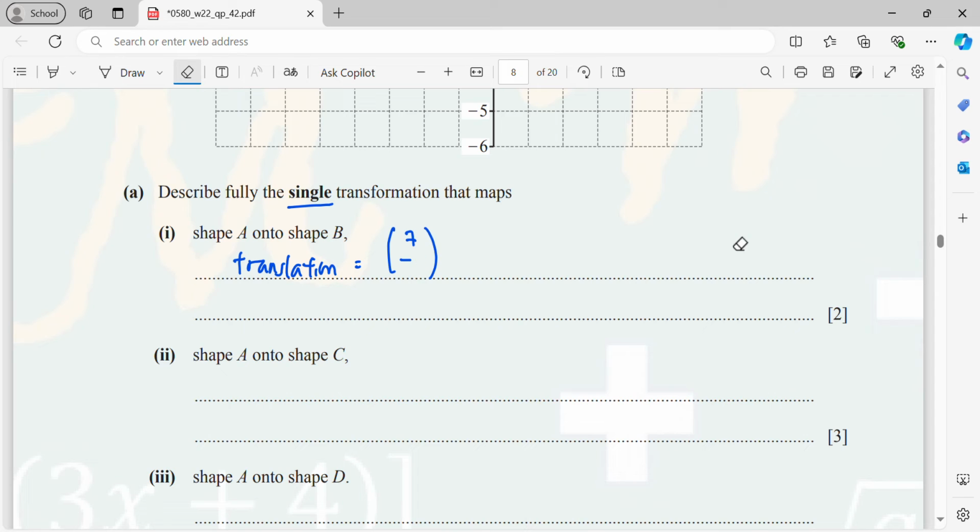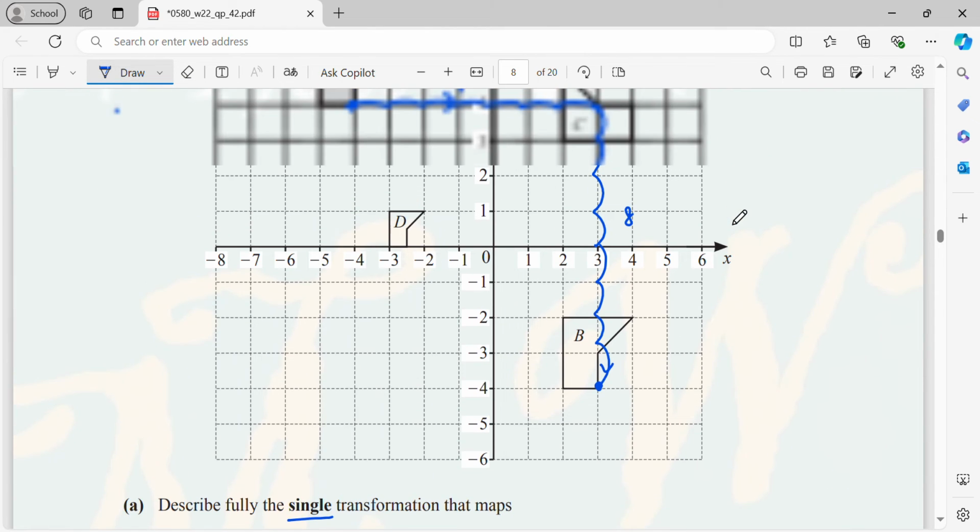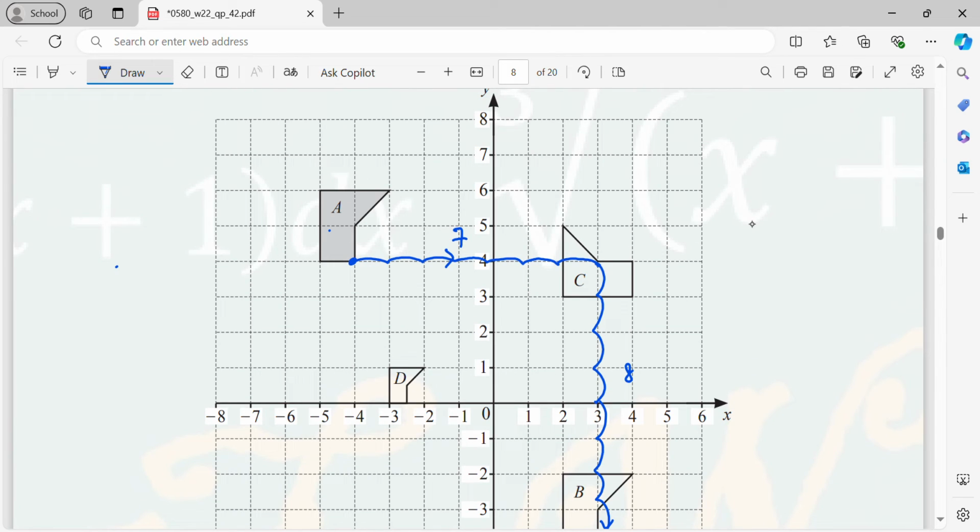Now second part, A onto C. Here I will erase this. For A onto C, see the shape, still the same size, but the position has been changed. See here, this is vertical, it has been changed to horizontal.